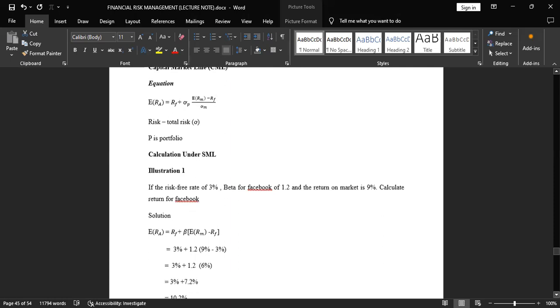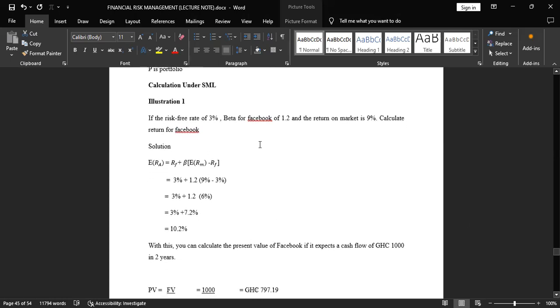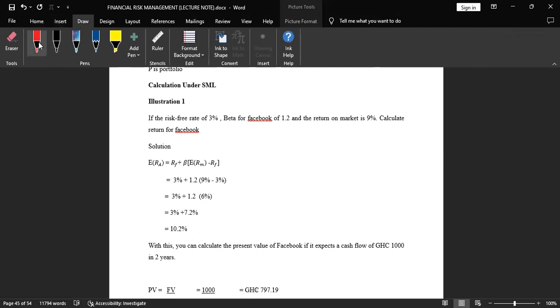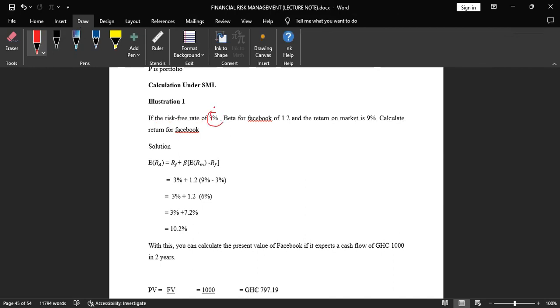Now let's see a question, an illustration. Sometimes the solution is there, but still I want to solve it. It says if the risk-free rate is 3%, the beta of Facebook is 1.2, and the return on the market is 9%, calculate the return for Facebook.